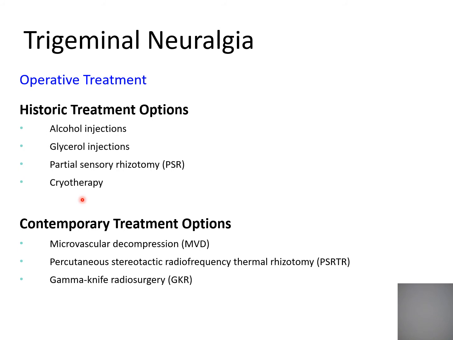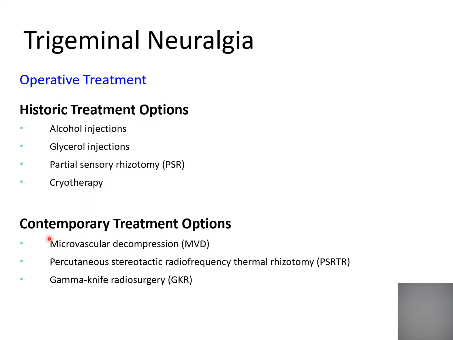So basically, for example, if a patient presented with trigeminal neuralgia related to the right infraorbital nerve, you would surgically expose the nerve, freeze the nerve in 2 cycles, and then suture up the site. And cryotherapy would give pain relief again for 6 months to 2 years on an average. So these are some of the historic options for operative treatment of trigeminal neuralgia.